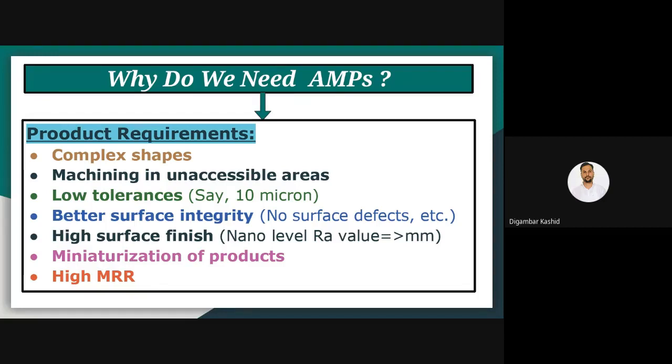So this is another reason why to learn this subject, or why we need the advanced machining process. Now, if you go into industry, you might have heard them talking about a high production rate. In industry they need a manufacturing process which can give high productivity with no compromise on product quality, especially while processing difficult to machine materials.